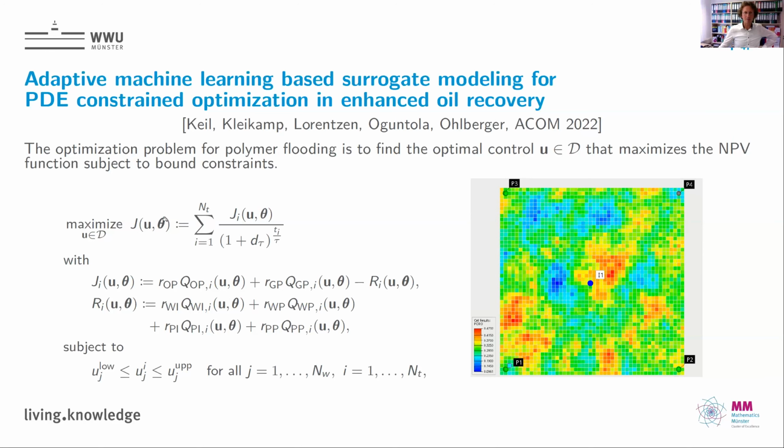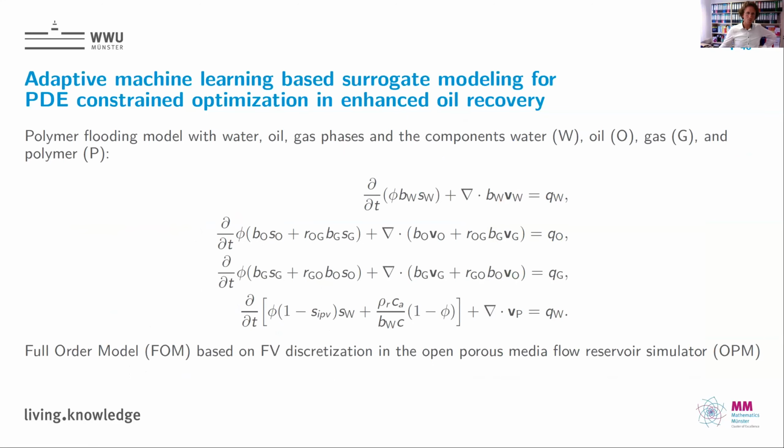Such that for each stochastic realization, you actually need to solve such optimization problems, or you do an ensemble optimization where you want to take into account the whole ensemble evaluation with respect to this uncertainty. The underlying PDE system that depends on the control is the so-called black oil model, where you have 3 phases: a water phase, an oil phase, a gas phase, and in this example, 4 components, which is water, oil, gas, and the polymer.